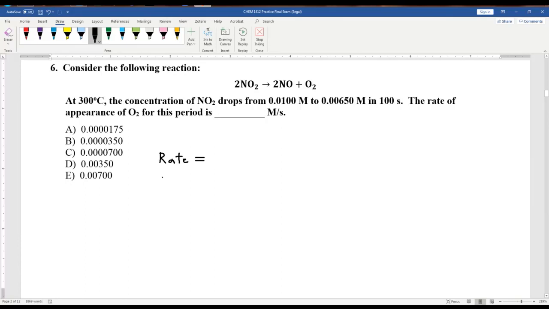The rate of reaction here, notice that this is the rate of reaction, not the rate of appearance, not the rate of disappearance, the rate of reaction, is in terms of the first substance, NO2, the change in NO2 concentration over the change in time.